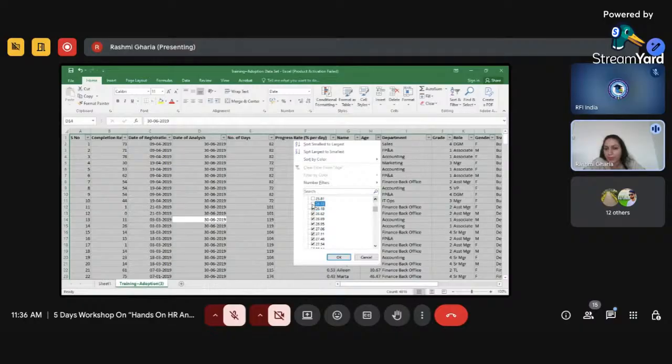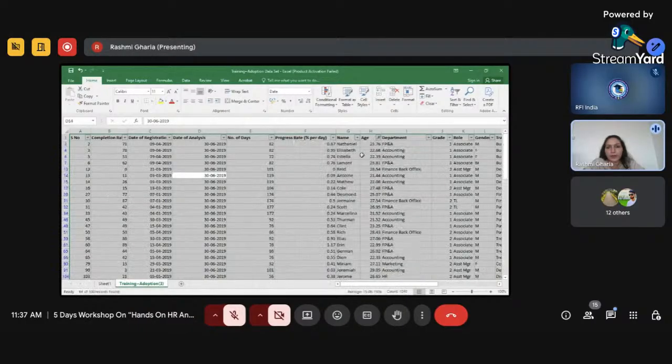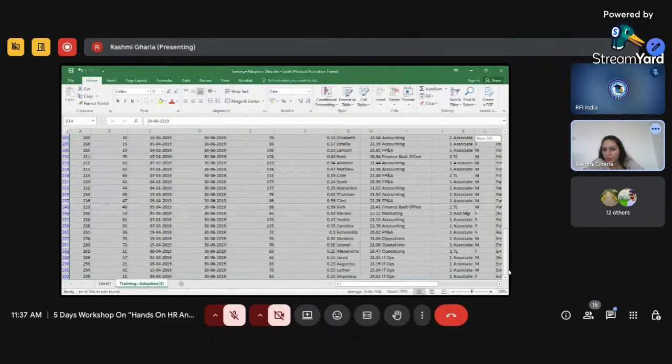Otherwise, you are supposed to do this manual work. Select the employees whose age group is below 30. Just click on OK. You will get all the employees whose age group is below 30.